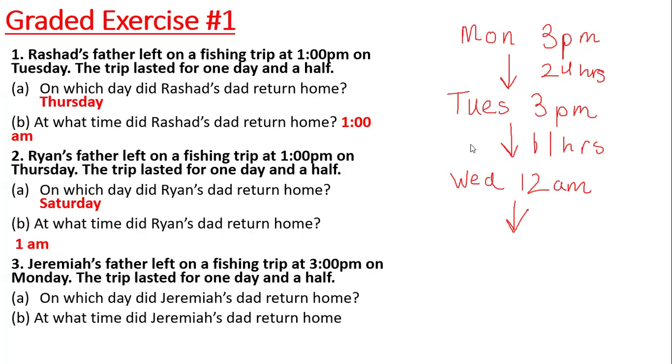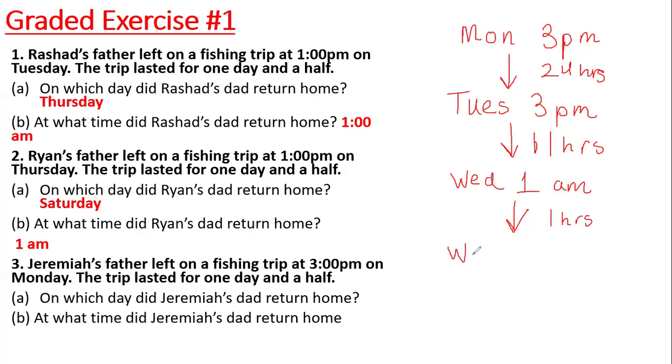If we add 11 hours to 3 p.m., it's going to be 4, 5, 6, 7, 8, 9, 10, 11, 12, 13. That's going to be 1 a.m. If we add 11 hours, it's going to be 1 a.m. But then how many more hours we have to add again? We have to add 1 more hour. So it's going to be what?